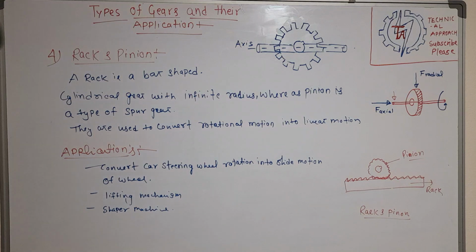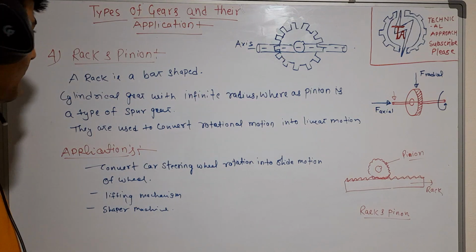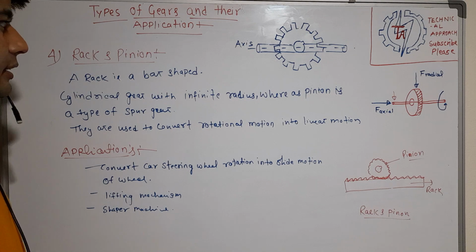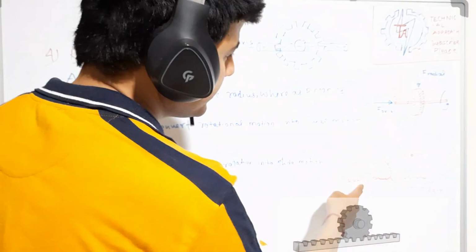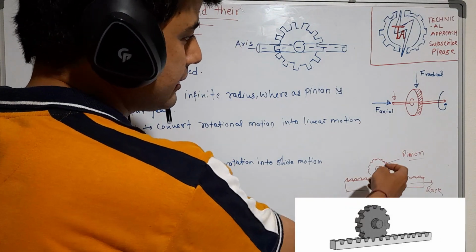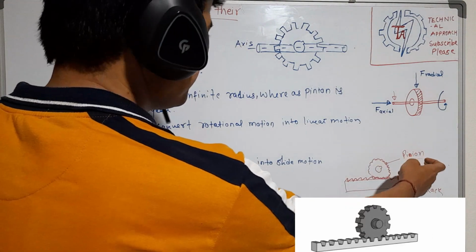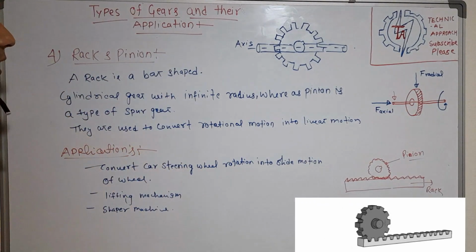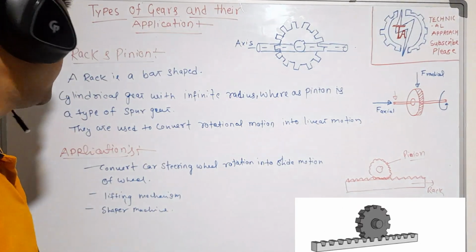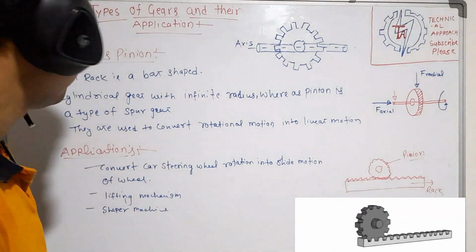So the fourth type है rack and pinion gears. A rack is a bar shaft. This one is the bar shaft. This is called the rack, and this gear is called the pinion. A rack is a cylindrical gear with infinite radius, whereas the pinion is a type of spur gear.